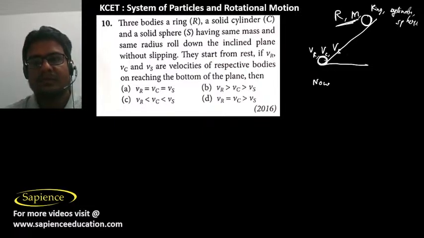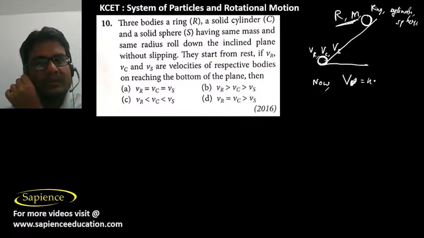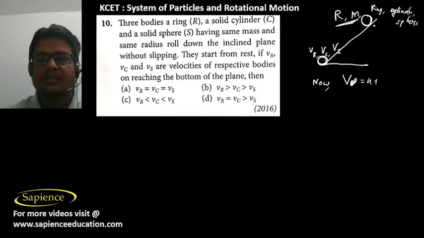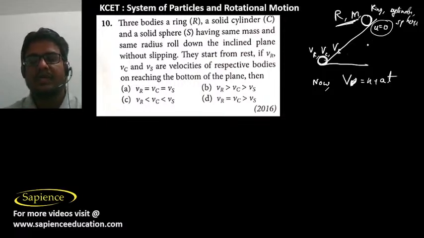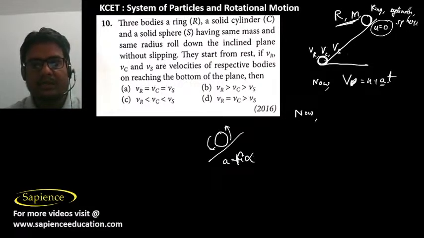So now we know that the final velocity V will be equal to U plus AT. They start from rest, so U equals 0, and the acceleration is constant. Since they are not slipping, A is equal to R alpha, where alpha is the angular acceleration.